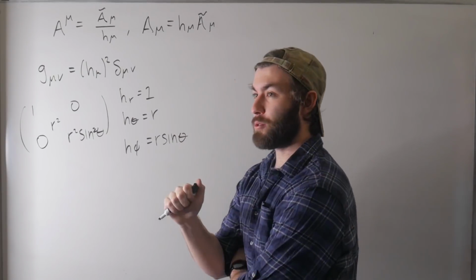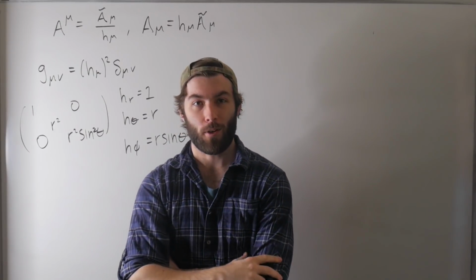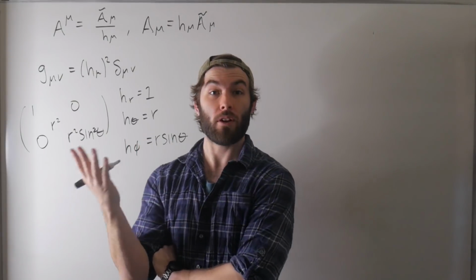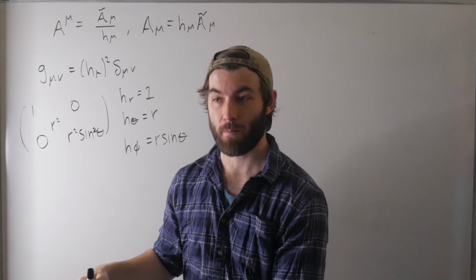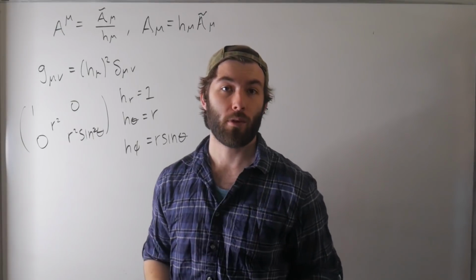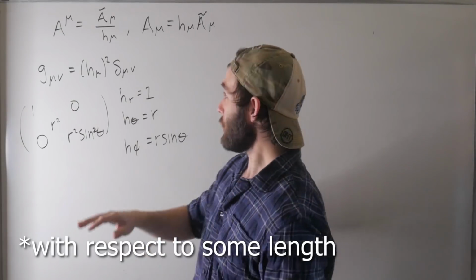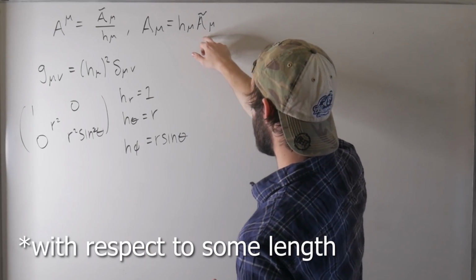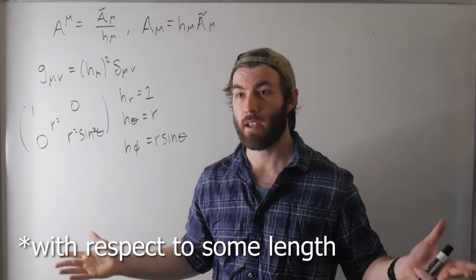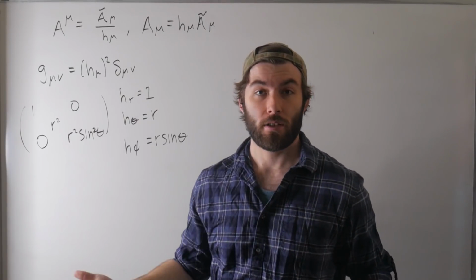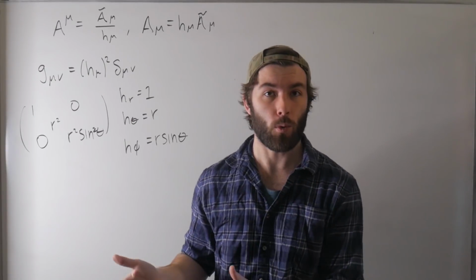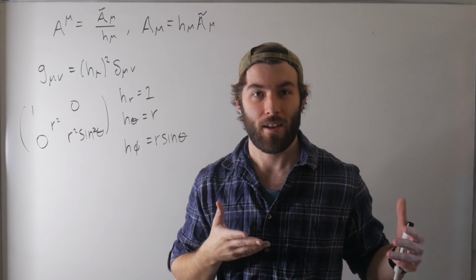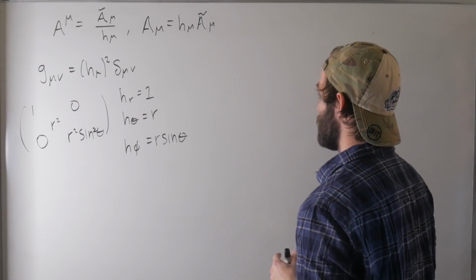So let's put this to use. Let's talk about the gradient. Normally when we talk about the ordinary gradient, it's the derivative of some scalar with respect to some position. So that's what this term is going to correspond to. And this d mu is just going to be some derivative with respect to some coordinate. And remember, the coordinates don't have to have units of length in general.